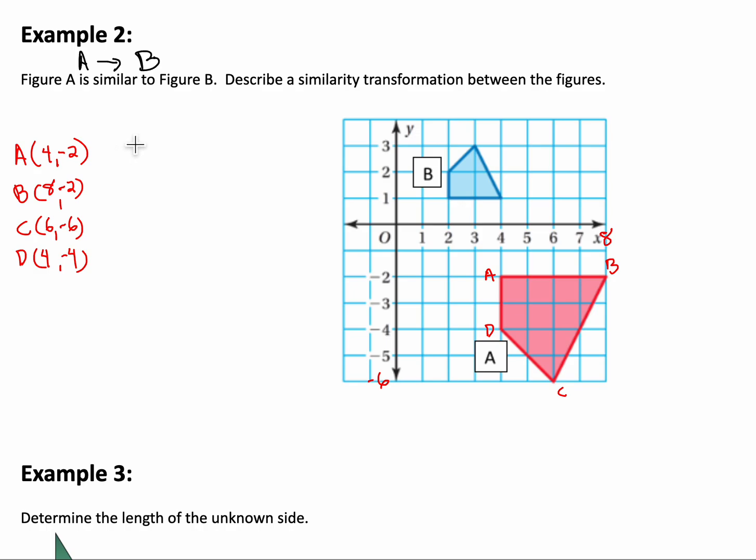Now, if I want to think how I do my dilations, I'm going to go A prime, B prime, C prime, D prime to show that that's my second, or my image, to get to B. So let's see, if I need to get it smaller, I'm going to multiply by 1/2.